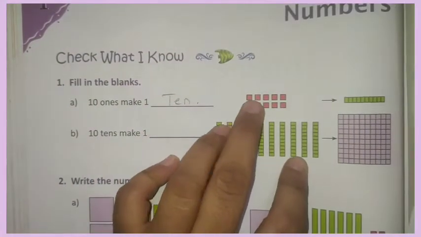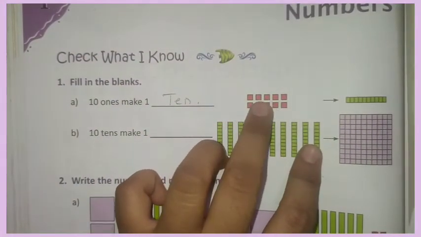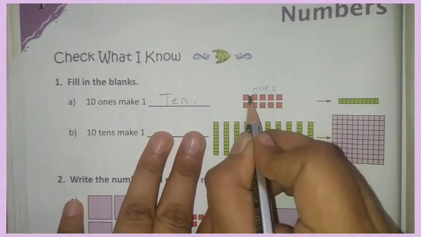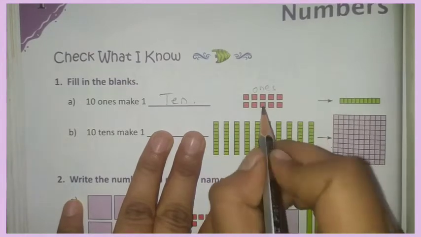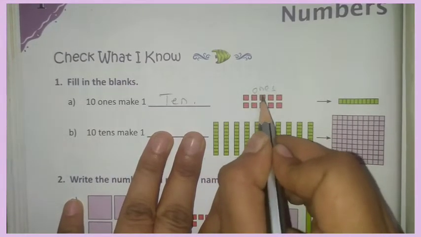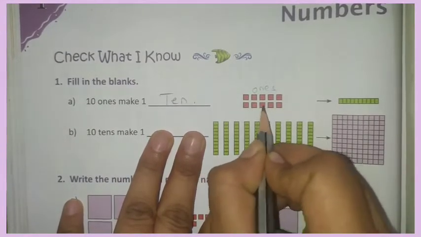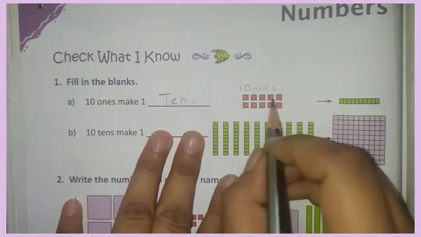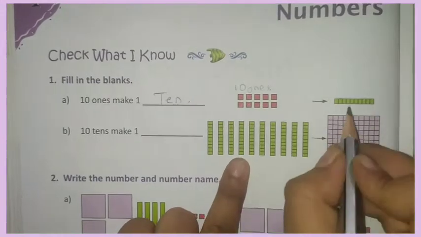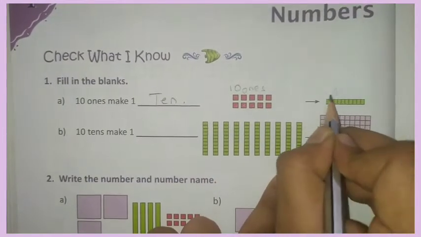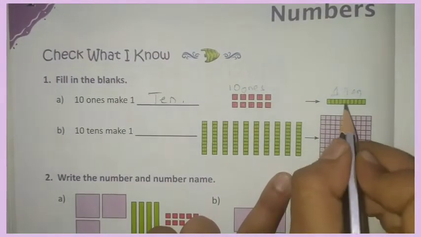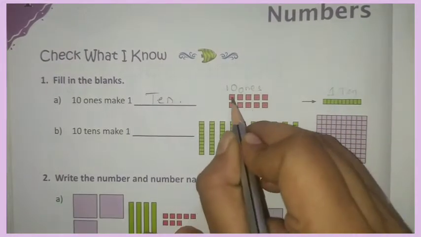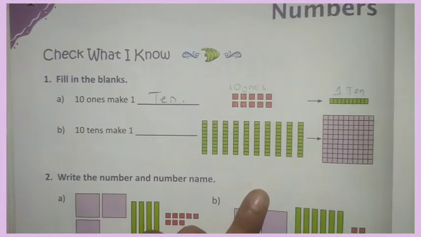Here these red color small boxes are 10 ones. How many are here? 1, 2, 3, 4, 5, 6, 7, 8, 9, 10. So 10 ones make 1 ten. The green color strip is tens and these red color small squares are ones.